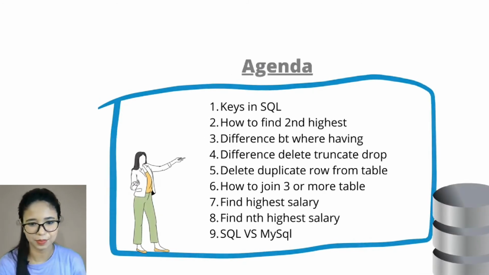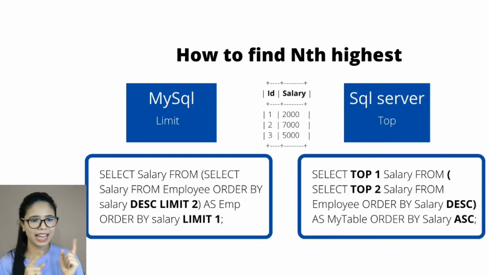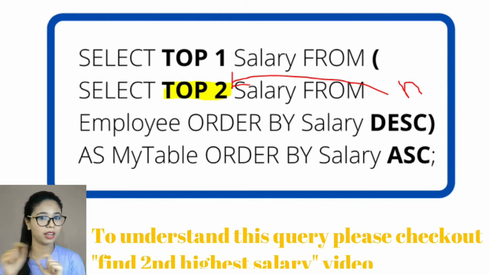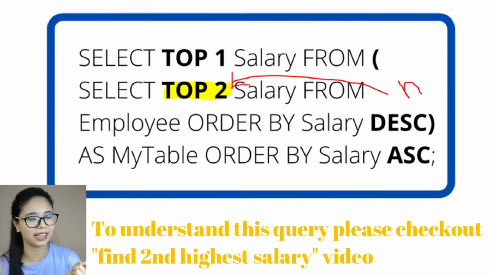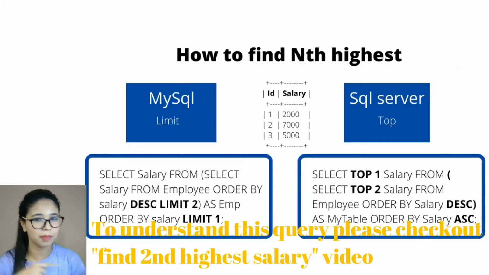As you can see, this slide is from my previous lecture, and there, you can see the limit. So nth means it is asking you to find the nth salary. So instead of top 2, in the subquery, you need to make the number 2 equal to n, whatever n. Here you can see MySQL and SQL Server, which I have already compared in my previous lecture.